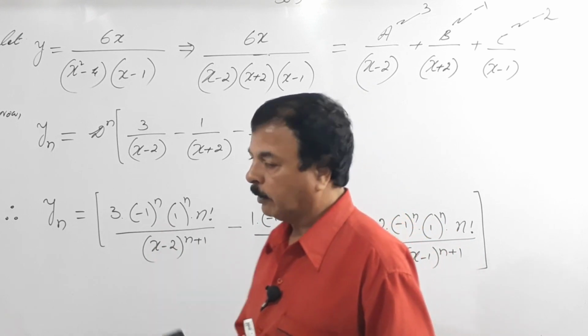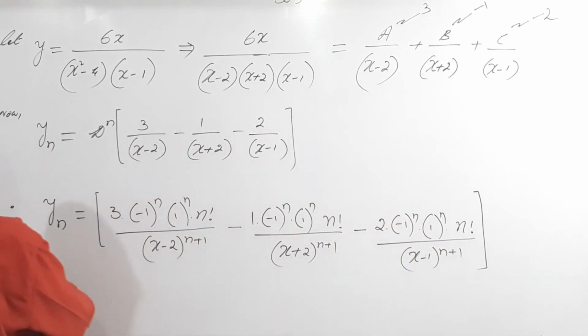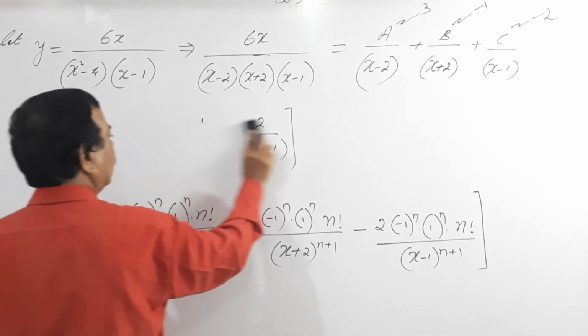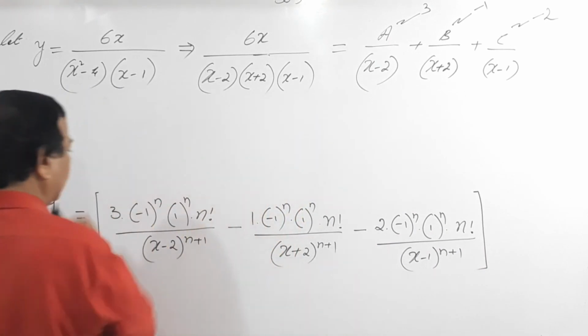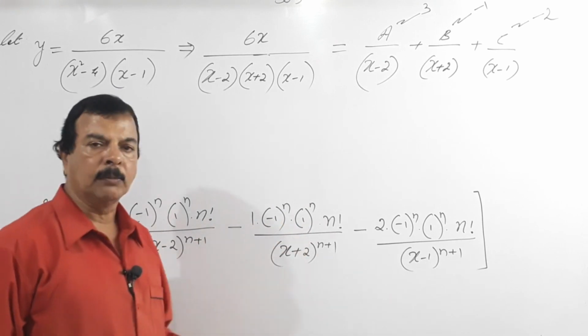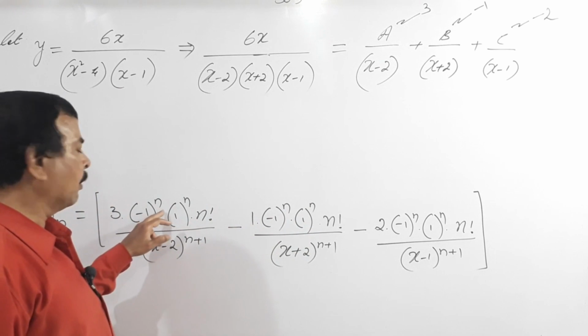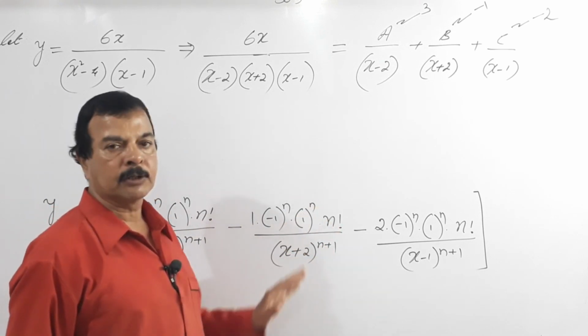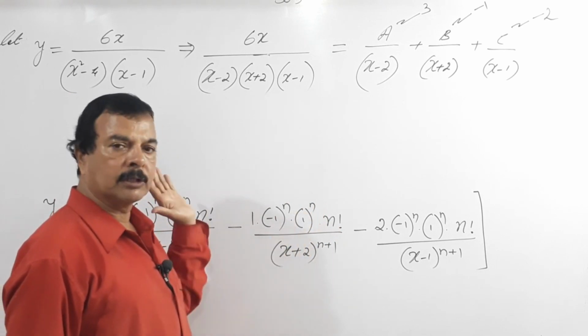So what I do here, I remove this. Now just note this, among all this, what is common here? Minus 1 to the power of n is common, n factorial is common, 1 to the power of n is common. I'll take all those things outside.